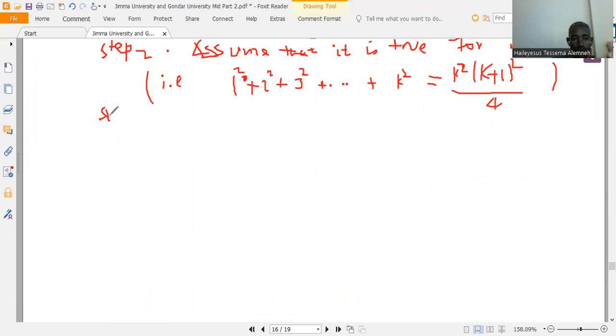In step 3, we want to check that it's also true for k plus 1.